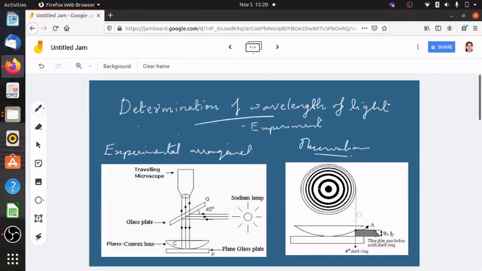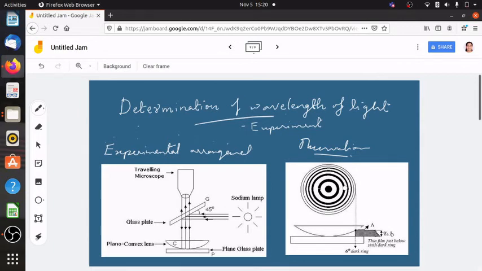Starting from the right hand side, the readings have to be noted. We move the microscope towards the right hand side and focus the crosshair tangentially onto the 18th or 20th ring, note the reading, then focus on the 16th ring, then the 14th, then the 12th, and so on, up to the second ring.